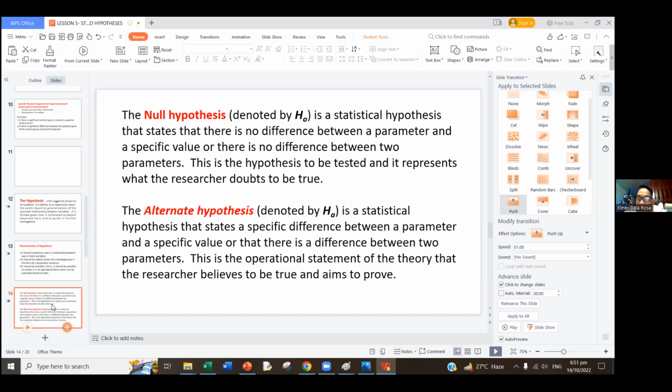The null says there's no difference or there's no relationship. The alternative says there is difference or there is relationship. Or pwede din natin sabihin, null hypothesis says there's no effect. Alternative says, or alternate, parehas lang yon, says there is an effect.